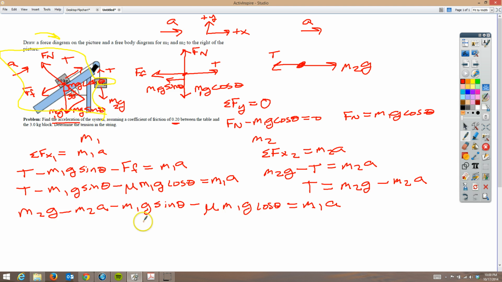So we've got a lot of terms here. Let's try to get the a's on one side and everything else on the other side. Because if we can get the a's by themselves, we've really done the job that we wanted to do.